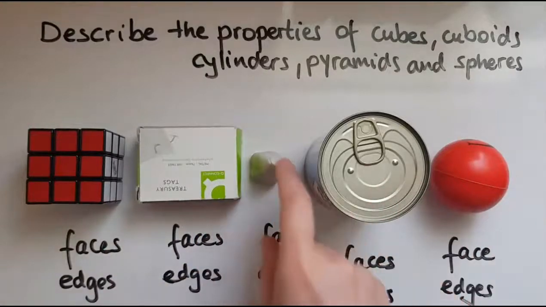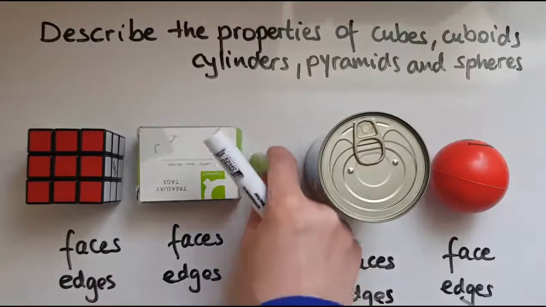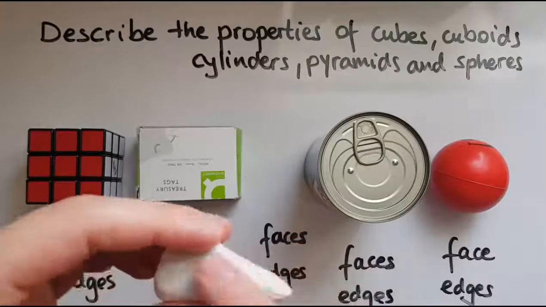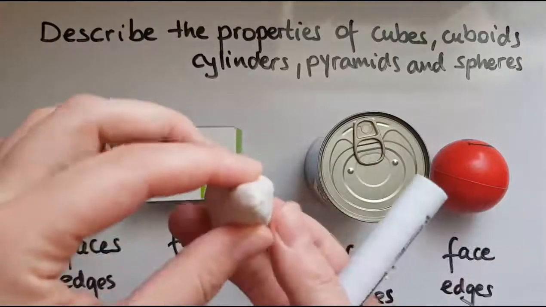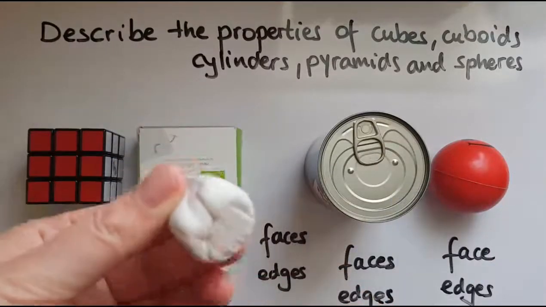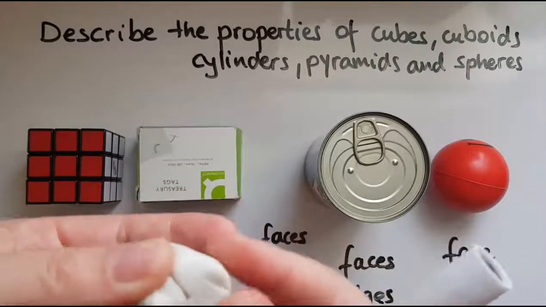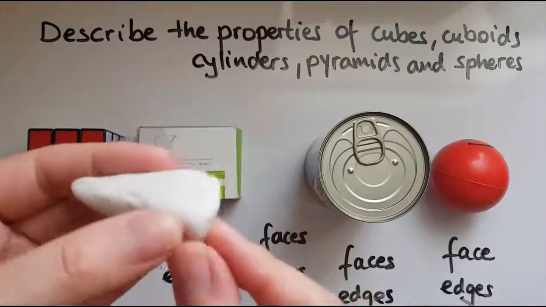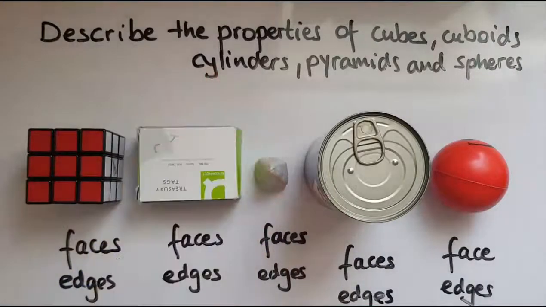There we have a pyramid. So the pyramid has 1, 2, 3, 4, 5 faces. So this is a square based pyramid, because a triangular based pyramid would have 4 faces. So this has 5 faces.